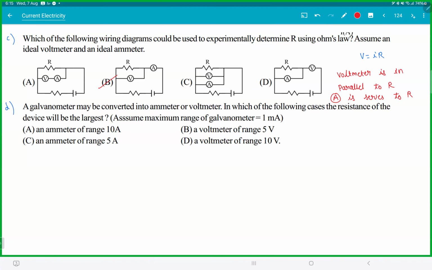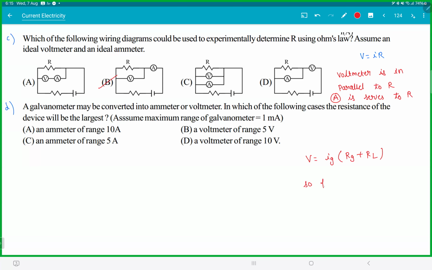What about D? A galvanometer may be converted into an ammeter or voltmeter. In which of the following cases will the resistance of the device be the largest? First thing, among ammeters and voltmeters, who has a large resistance? Voltmeter. And among the voltmeters, how do you get the range? The voltmeter's range is Ig into Rg plus RL.